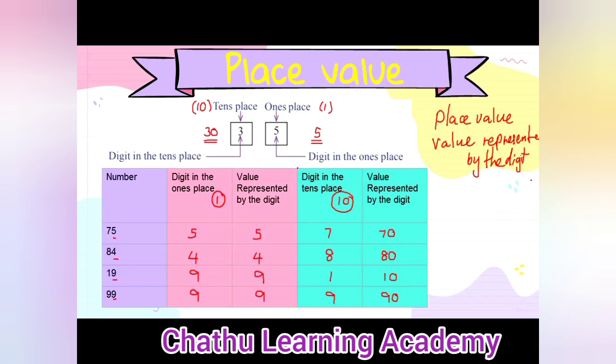But the value represented by the digit means the value represented by the given digit. It varies according to the place value. If it is in the ones place, 5 into 1 is 5. If we consider the digit in the tens place, the value represented by the digit is equal to 3 into 10, 30. It varies according to the place value.